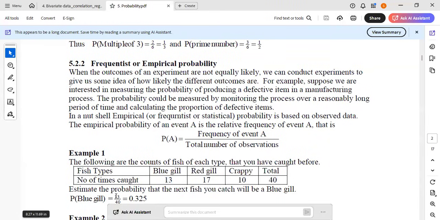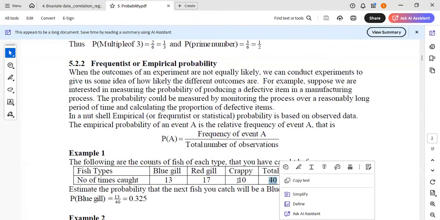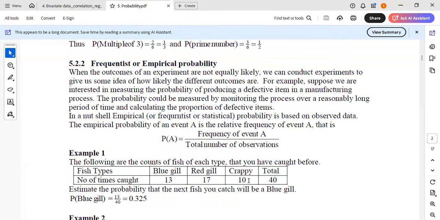So this would now be 13 out of 40. If you are looking for the probability of getting a red gill, that would be 17 out of 40. If it is the crappie, then that would be 10 out of 40. Okay.